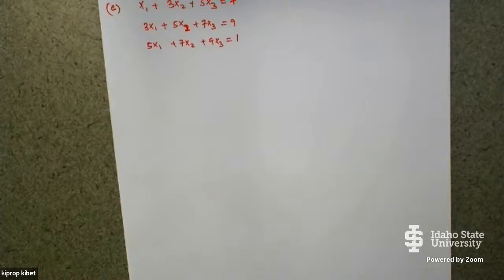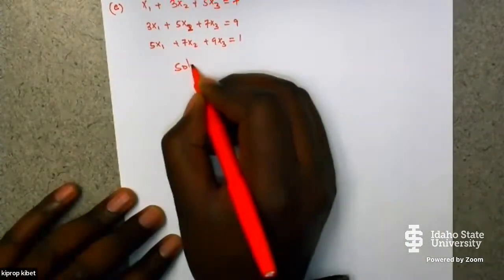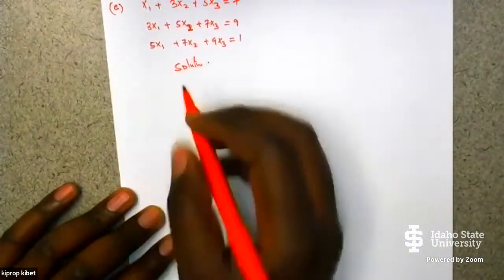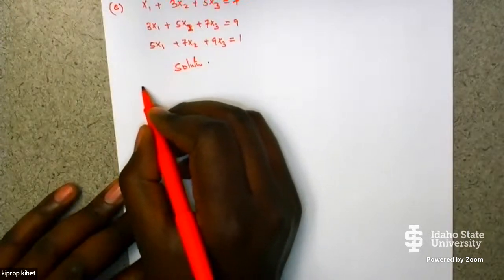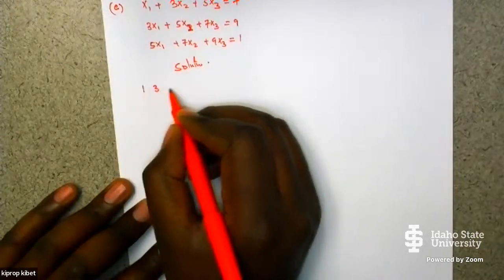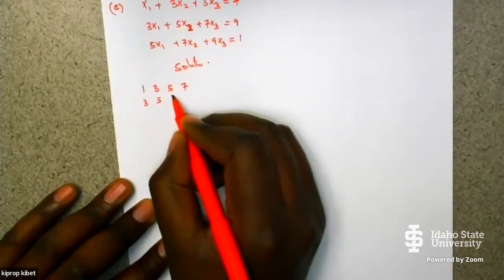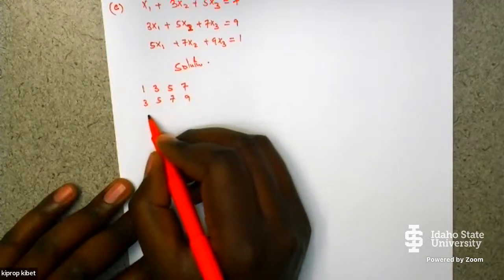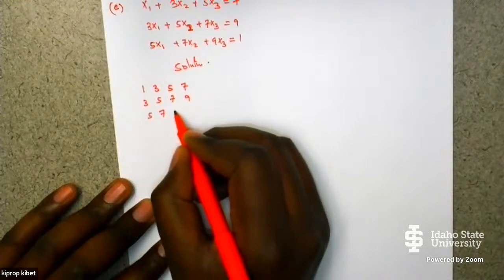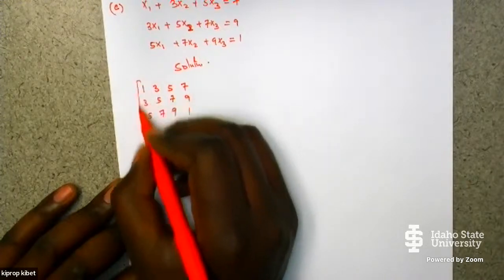So the first step, we write this one in augmented matrix form. So 1, 3, 5, 7, 3, 5, 7, and 9, and then 5, 7, 9, and 1.